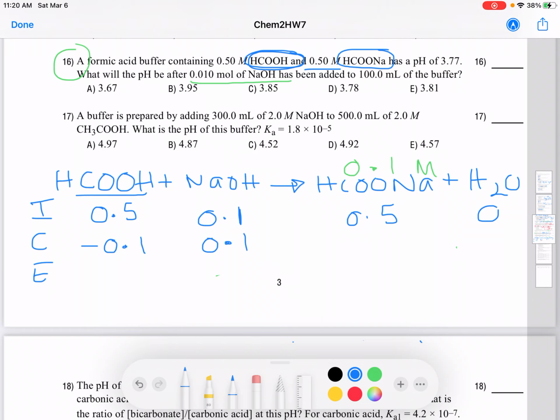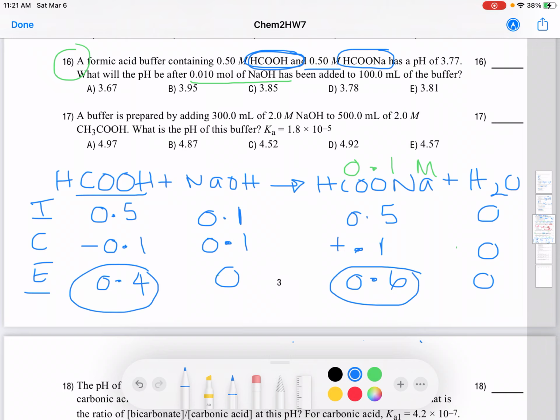Sodium hydroxide will all be gone, and the new amount of sodium formate formed is again 0.1, since it's a 1:1 ratio. At the end we have 0.5 minus 0.1 formic acid, because 0.1 has reacted, so that would be 0.4. And sodium formate, 0.5 plus 0.1, makes 0.6.